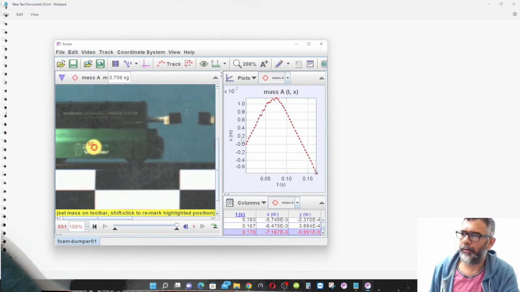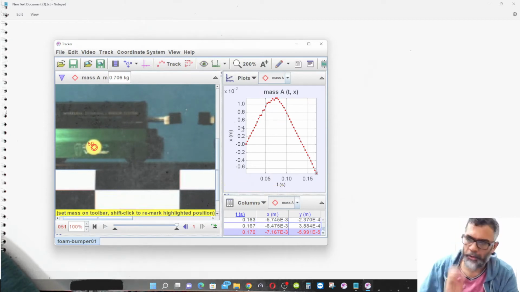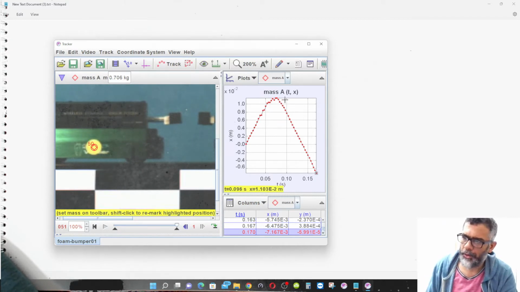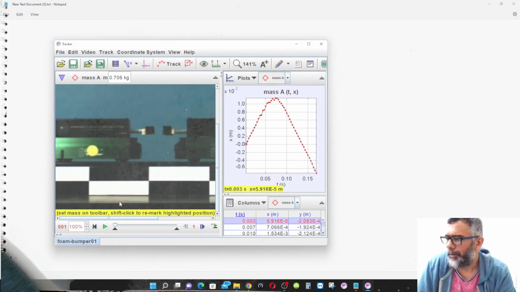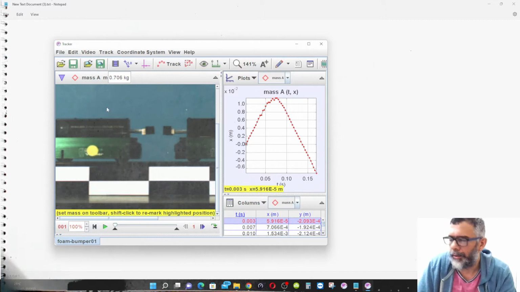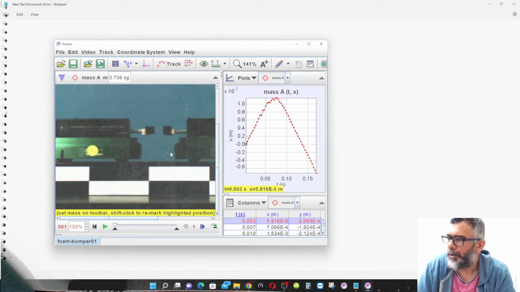Once we make our model, we're going to compare the position of the model particle, whether it's matching this raw data or not. Okay, so let's make this invisible now, and then run the video back to the initial position.